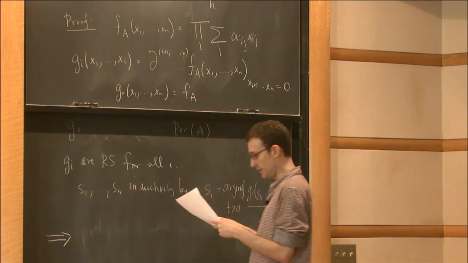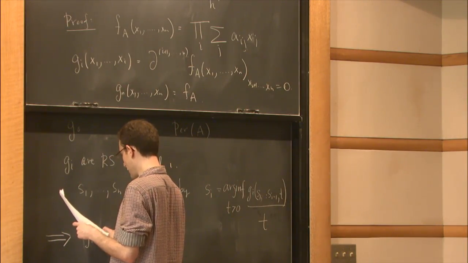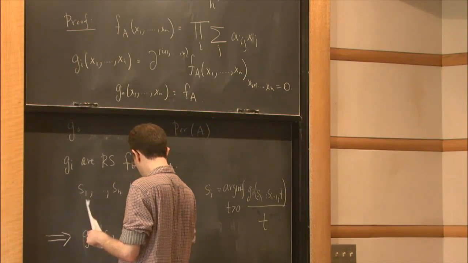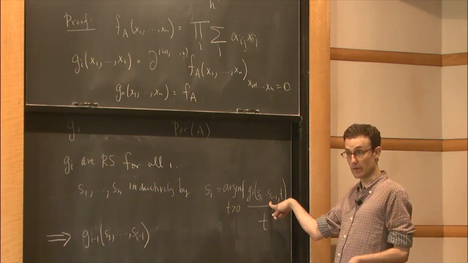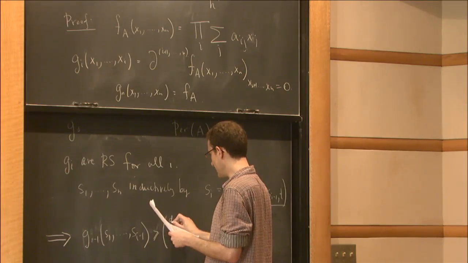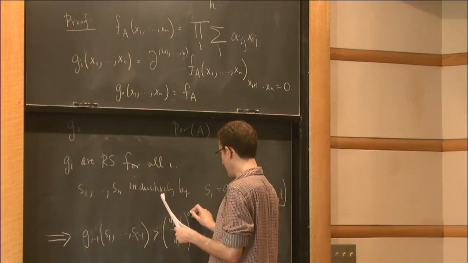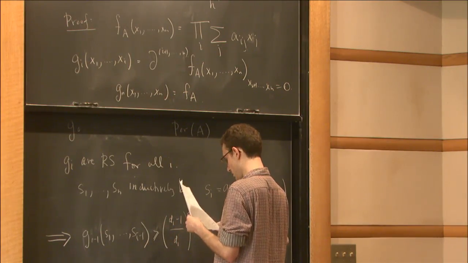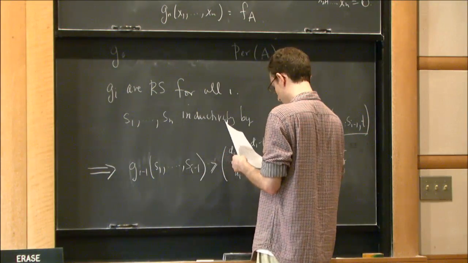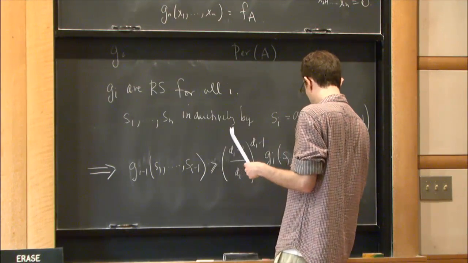This says that G_{i-1} of S1, ..., S_{i-1}, which is the derivative of this thing at 0, is greater than or equal to ((d_i minus 1) over d_i) to the d_i minus 1 times Gi of S1, ..., Si, over Si.